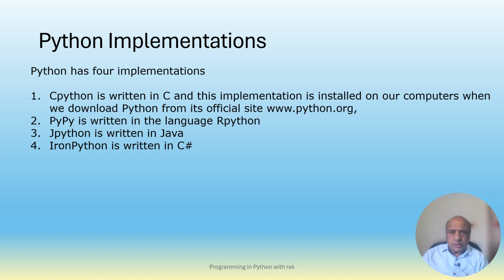There is another implementation called PyPy, which is written in RPython. The third implementation is JPython, which is for Java, and the fourth implementation is IronPython or IPython, which is in C#.